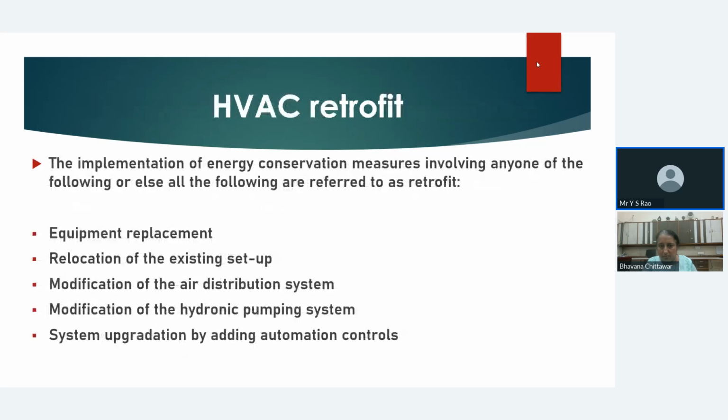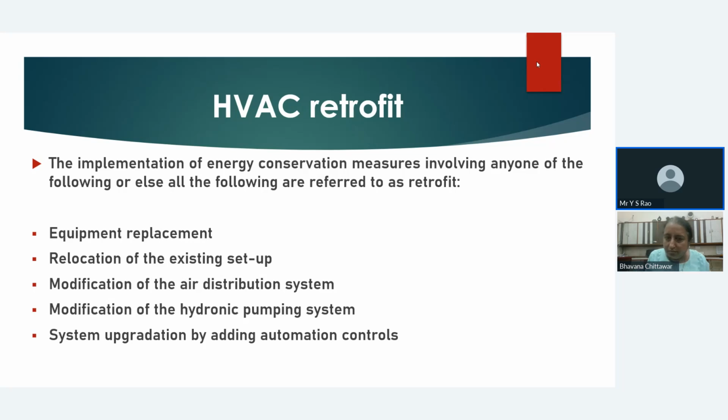Now let's understand HVAC retrofit in context to energy savings. Implementation of an energy conservation measure is in itself a retrofit job. If you ask me, I can put it this way: implementation of any one of the energy conservation measures is in itself a retrofit.